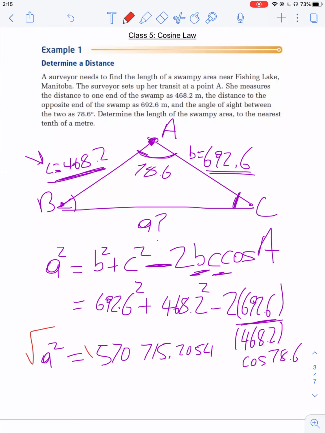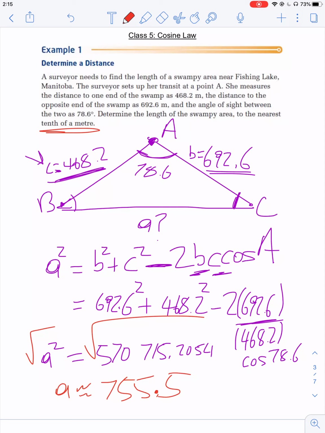Then just take the square root of both sides, and A is what you're interested in, which will roughly equal the square root of my answer, which is about 755.5 meters to the nearest tenth.